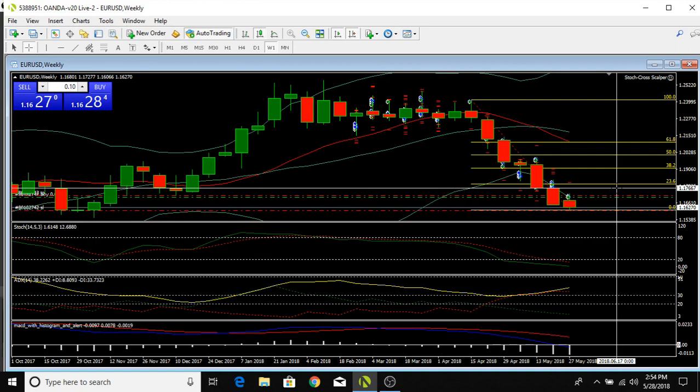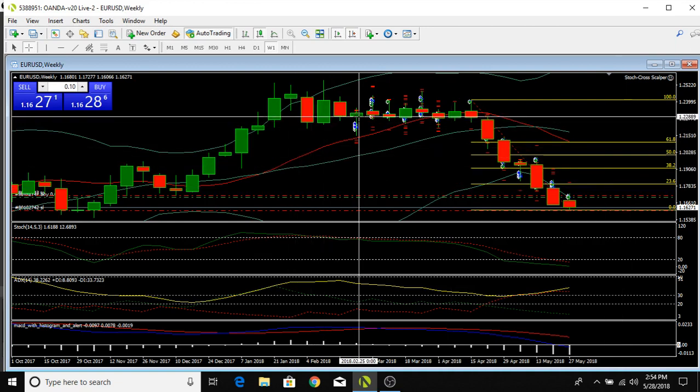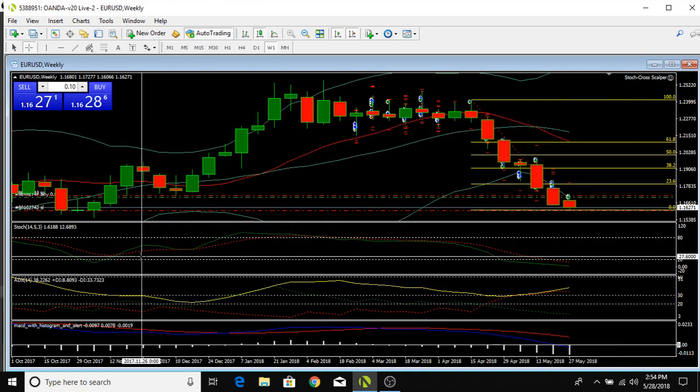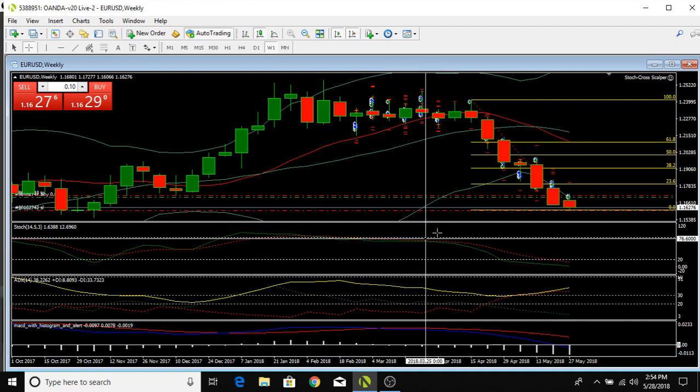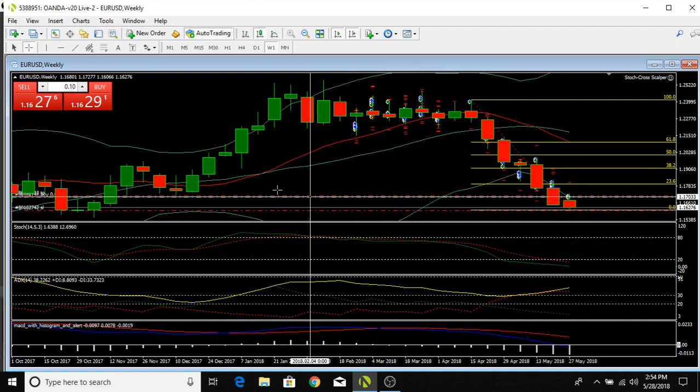And again, the price in the market is sinusoidal. It'll go up and down, and that's just what it does.